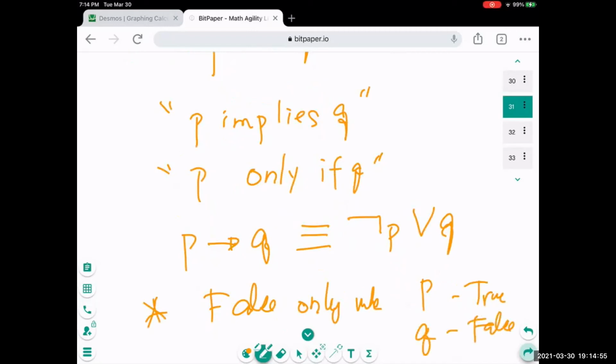So pag yung P ay true and yung Q is false, false na agad siya. Yan yung ibig sabihin niya.